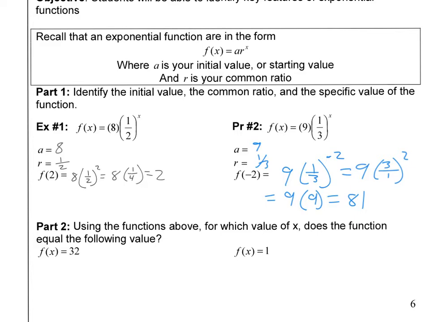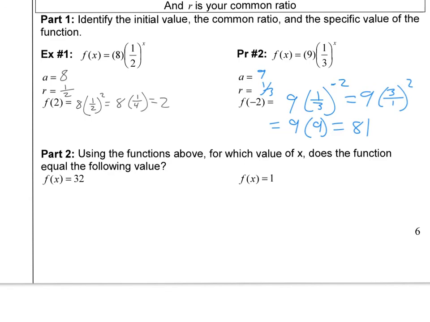This is the part that's maybe a little bit more challenging, but we've got to be able to do the first stuff. It says use the functions above. For which values of x does the function equal the following value? So we're actually going to solve for x. If f of x was 32, and we know that f of x equals 8 times 1/2 to the power of x, we're going to solve for x.